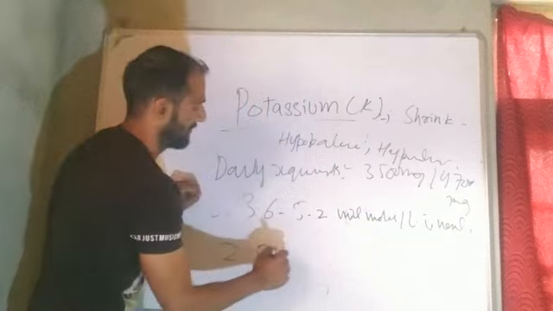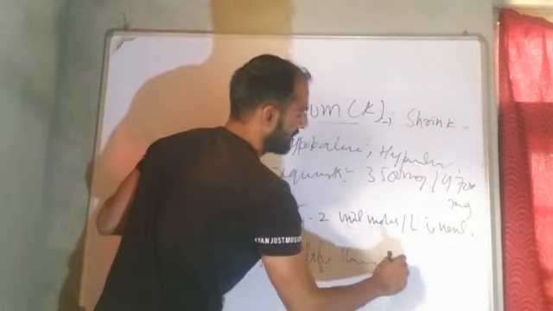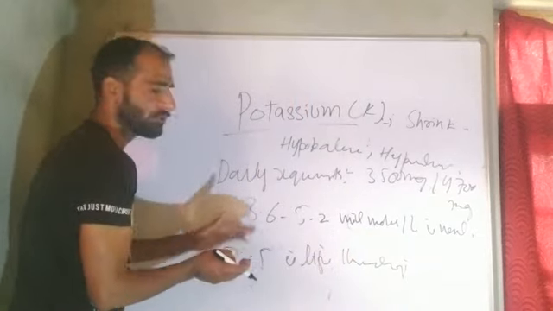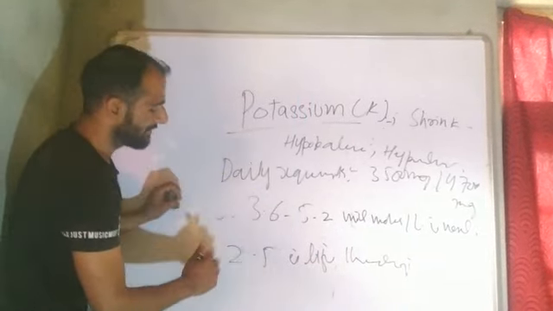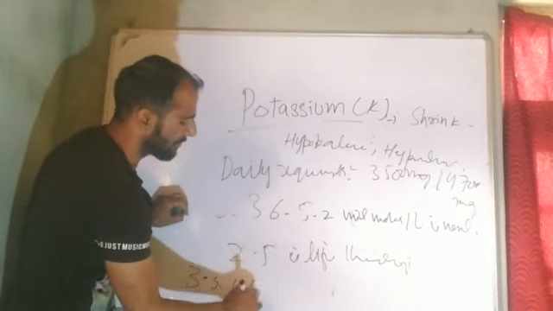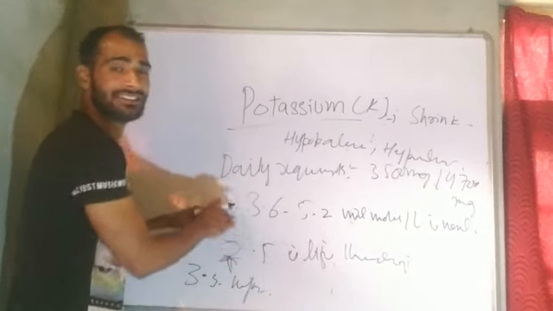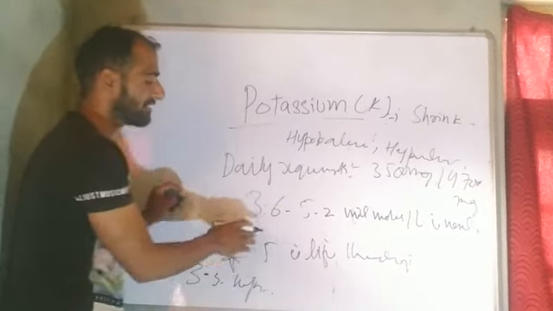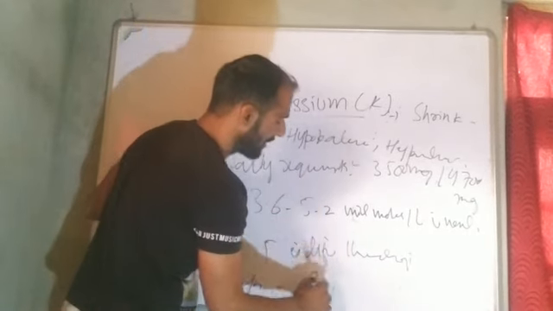Okay, below 2.5 is life threatening. Okay, so जब 2.5 के नीचे जाएगा, या usually what we can say is जब 3.3 से नीचे जाएगा hypokalemia, लेकिन जब 2.5 से नीचे जाएगा severe hypokalemia. So okay, this hypokalemia is dangerous for any individual.